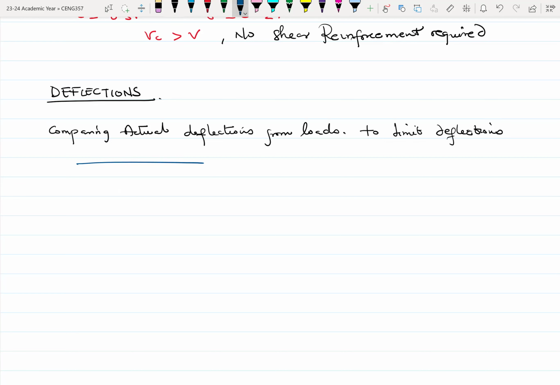So for example, if this is a simply supported structure and you have a UDL of W, and this is your length L, then the maximum deflection which would occur at midspan would be 5WL^4 over 384 EI.